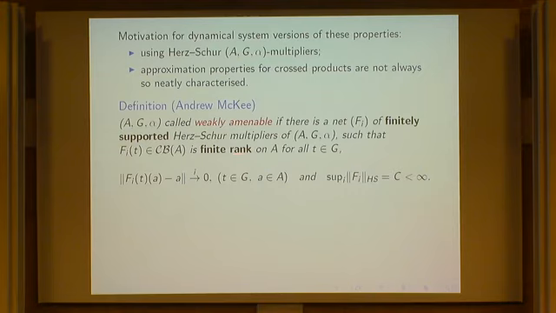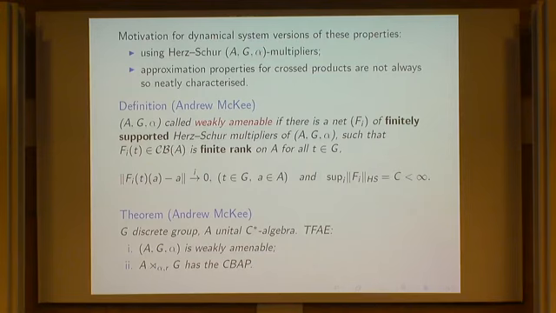You just have finitely supported functions now, and remember, they should have values in the completely bounded maps on A. Now you insist that these are also finite rank maps on A with the corresponding properties: at every point a of A you have convergence to the identity along the net, and at every point t of the group, the corresponding Herz-Schur norms are uniformly bounded.